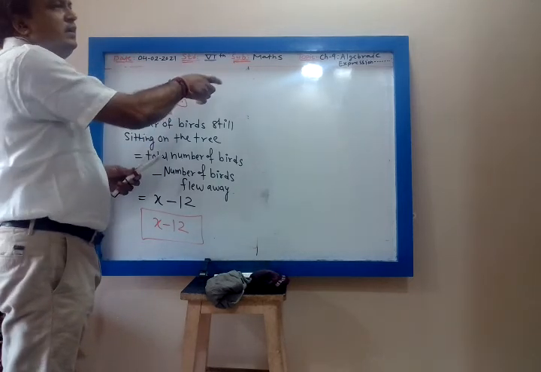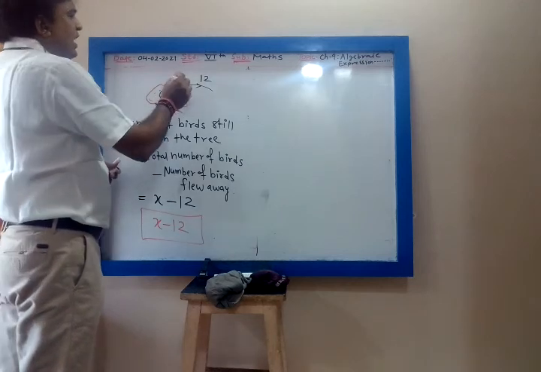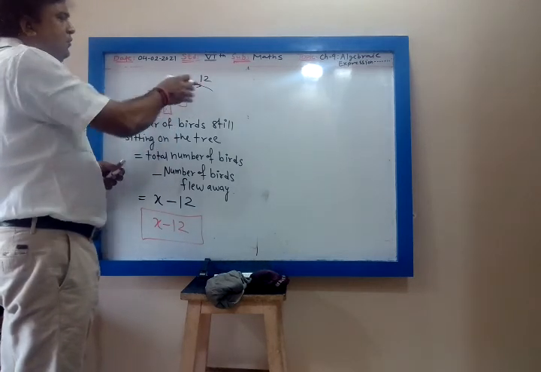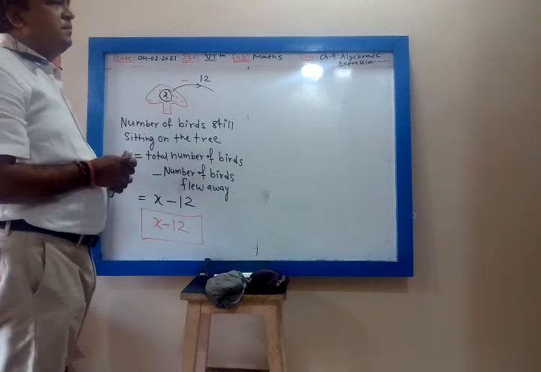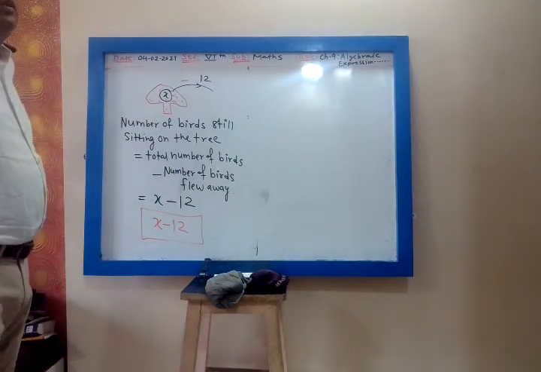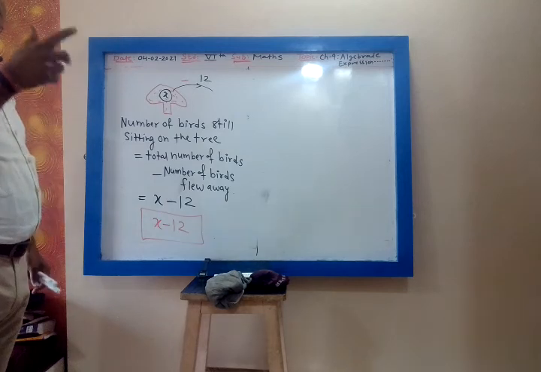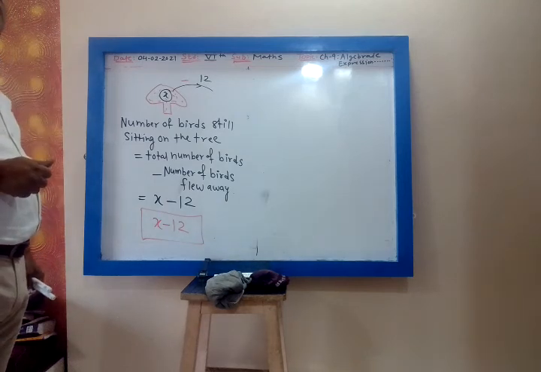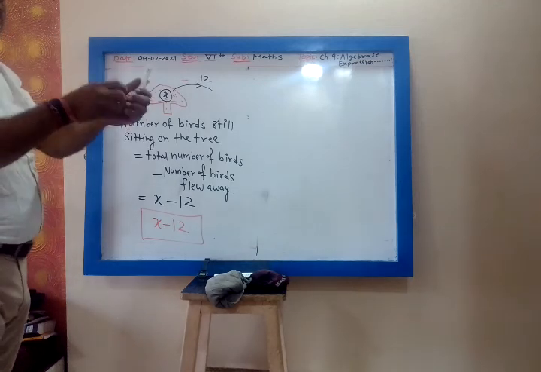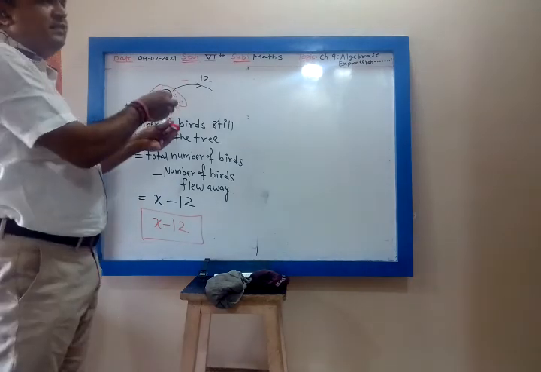Then 12 flew away. 12 flew away means I have to subtract 12. When you remove 12 from X, it is X minus 12. Total number of birds are X.